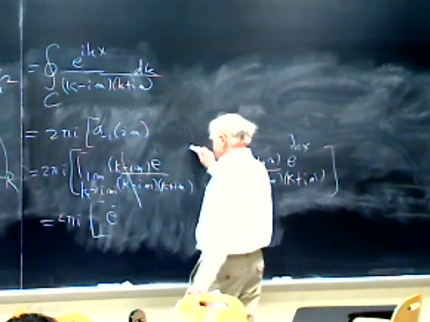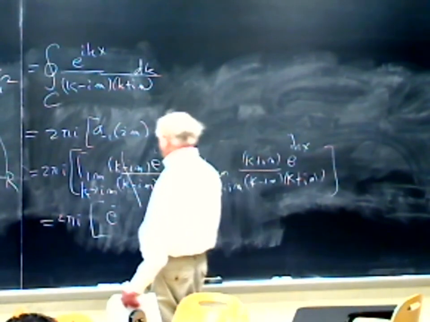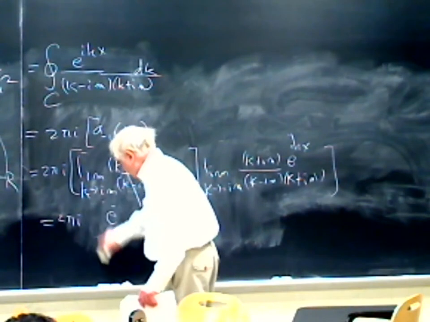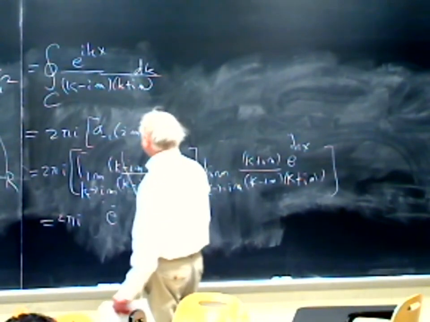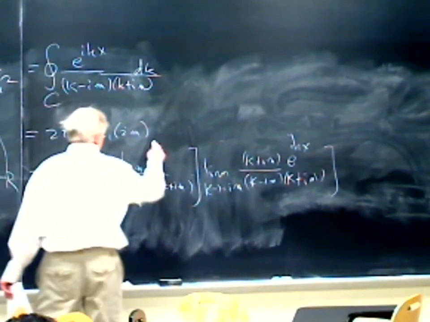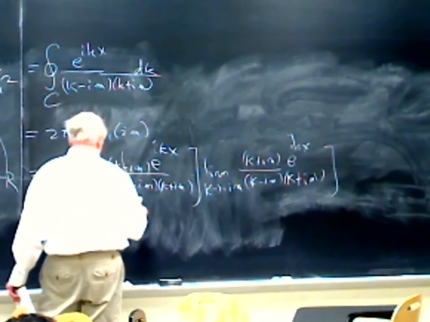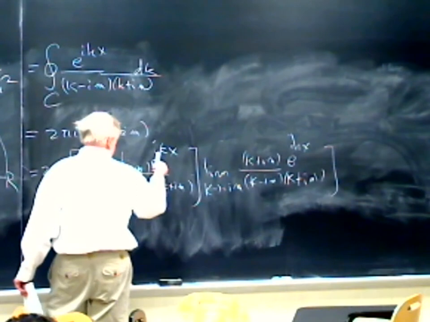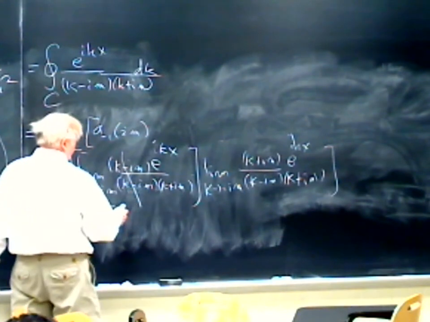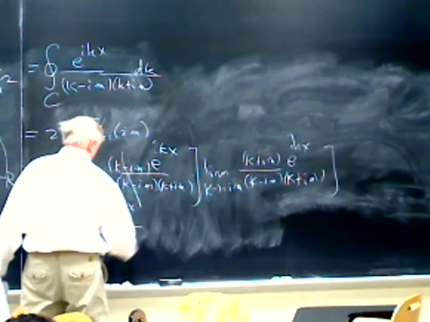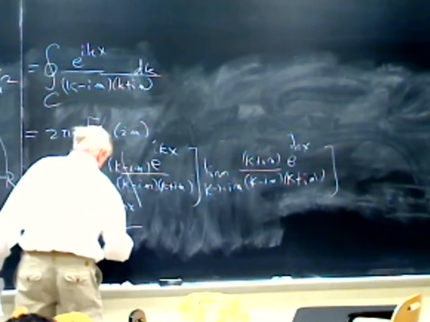And these cancel. And so we have 2 pi i e^(ikx) at k equal to im, so this is e^(-mx) over 2im.